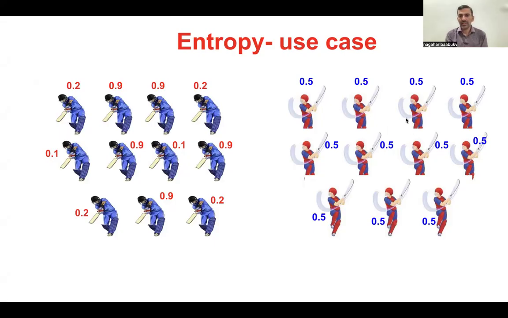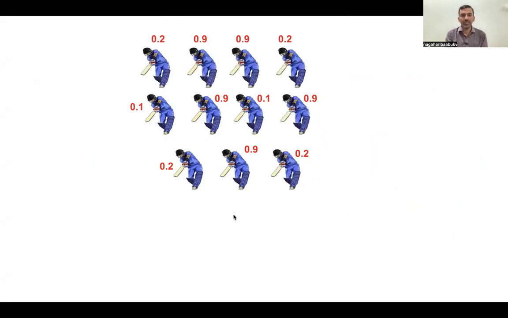On the other hand, in the red team, almost all players have 0.5 probability associated with it. So out of 10 matches, 50% of the time his performance is good, and the other 50% of the time his performance is bad. Now, how do you calculate entropy for these two teams? Which team is reliable, or which team is highly predictable? So let's take the blue team.